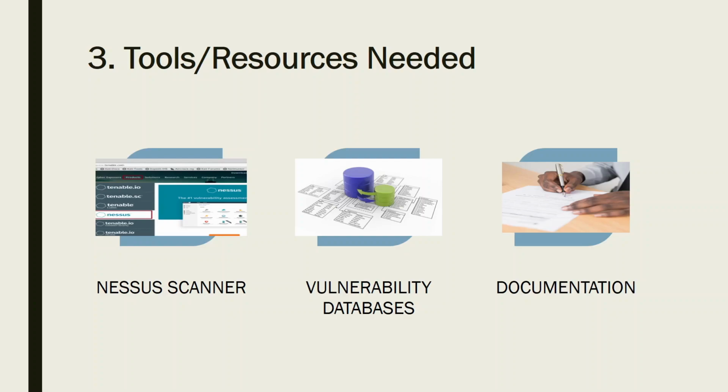I'm going to put a link in the description to databases that you can make use of to check the kind of vulnerabilities that you find when you conduct your scan, and how to solve and remediate them.